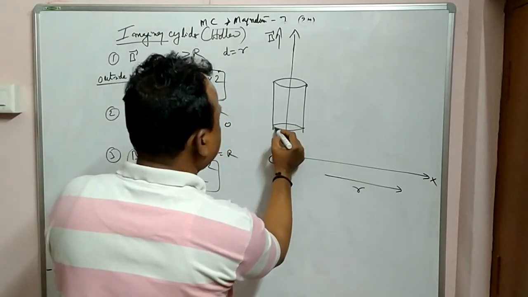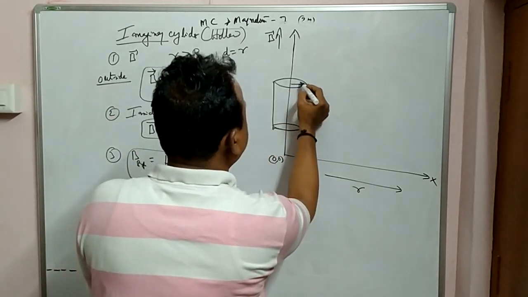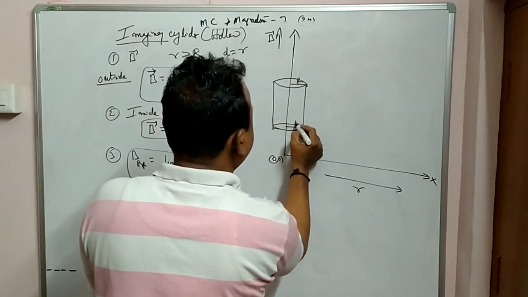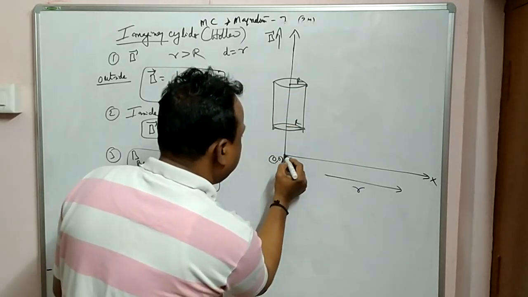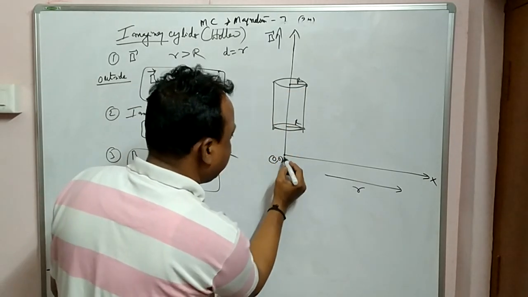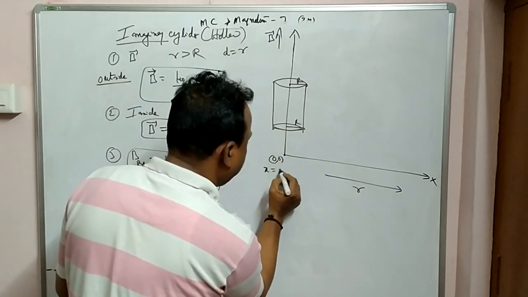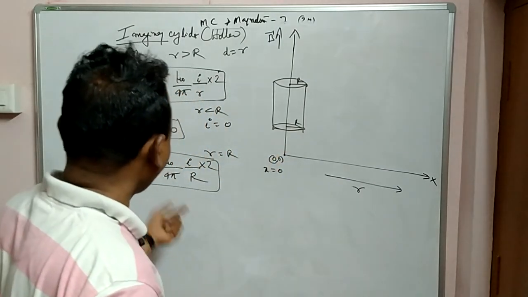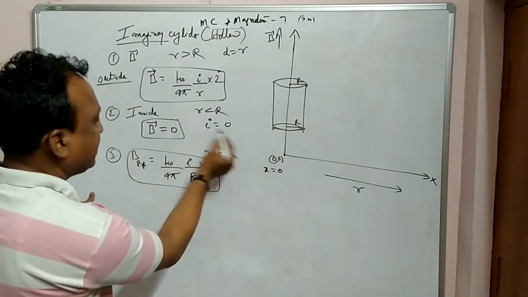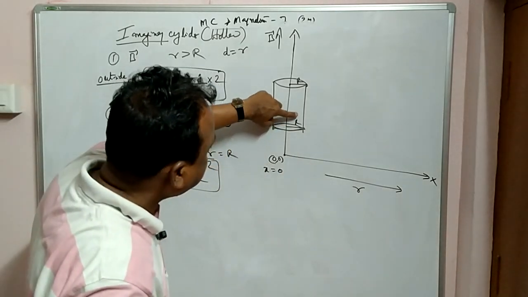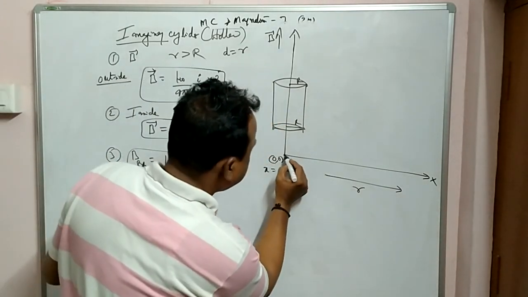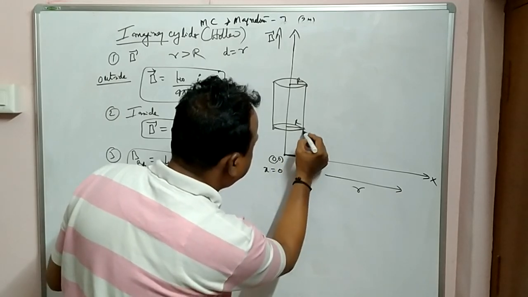As you have just seen, at the center, inside, x is equal to 0, so B is equal to 0. This 0 remains up to here, because it is completely hollow.